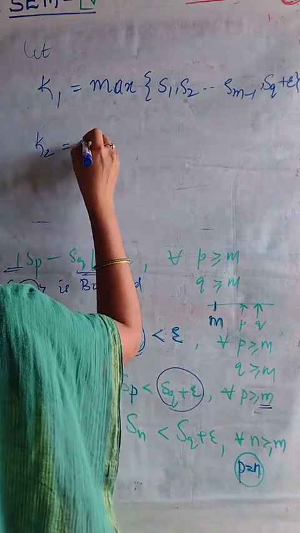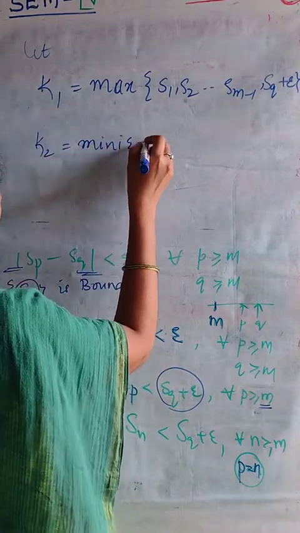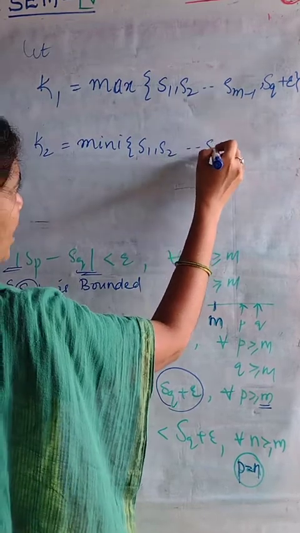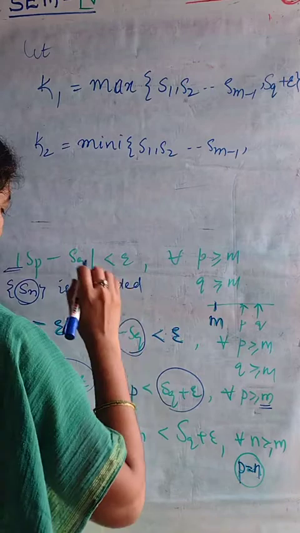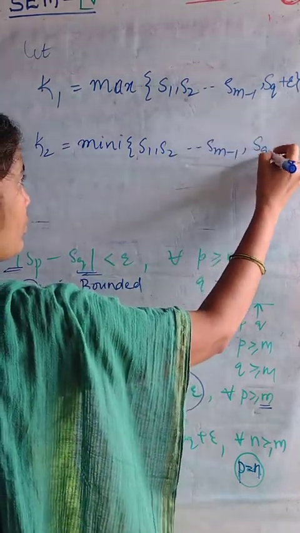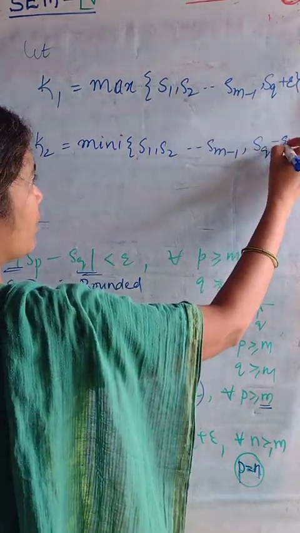k2 is equal to the minimum of S1, S2, up to Sm, and the lower bound. What is the lower bound after the first m terms? Sq minus epsilon.